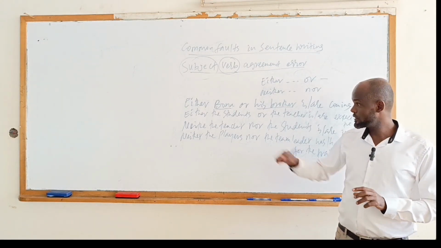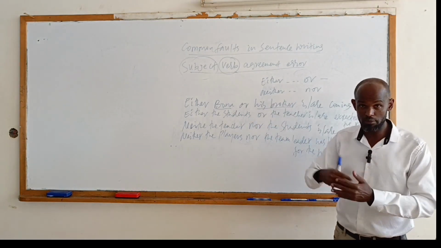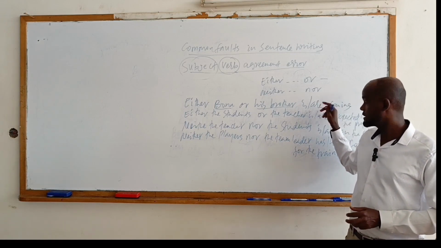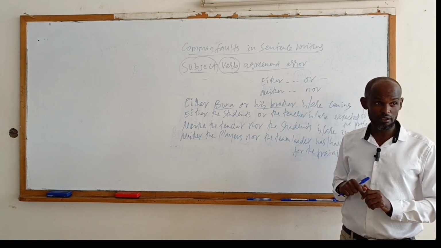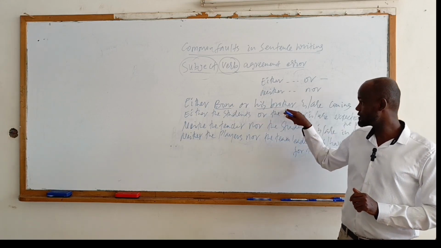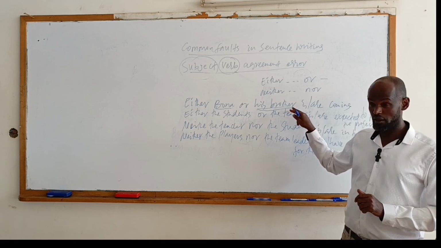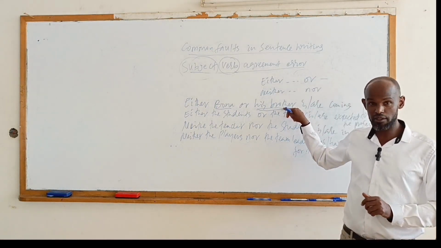Even though we have two subjects here, and they are combined together, in such a context the verb agrees with the nearest subject. Which one is the nearest subject? Bona or his brother? His brother is the nearest to the verb. So the verb agrees with the nearest subject.